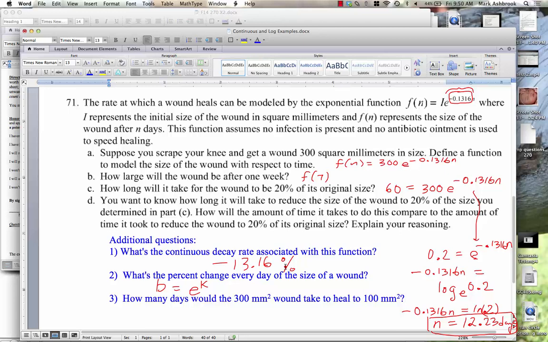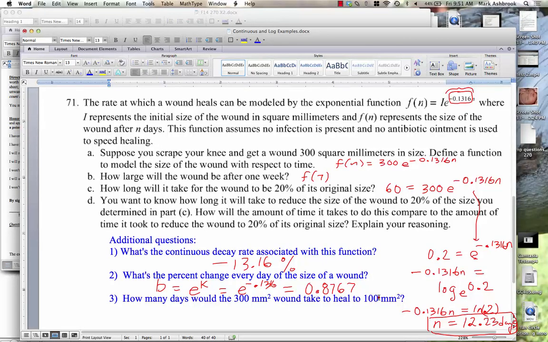Okay? b equals e to the k, so b equals e to the negative 0.1316, which is 0.88.